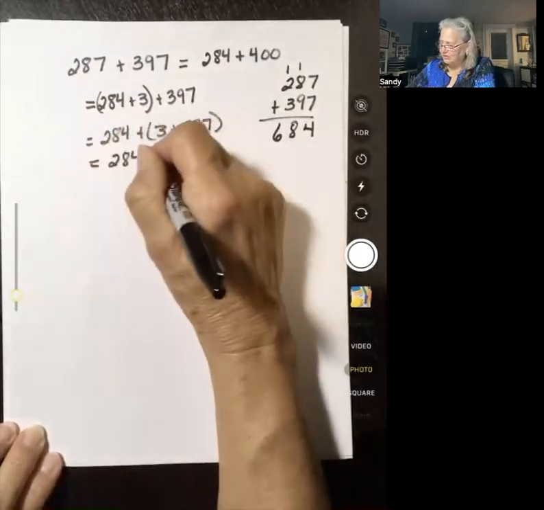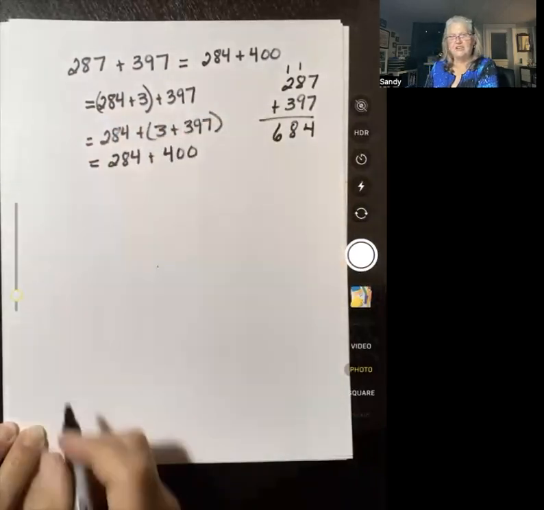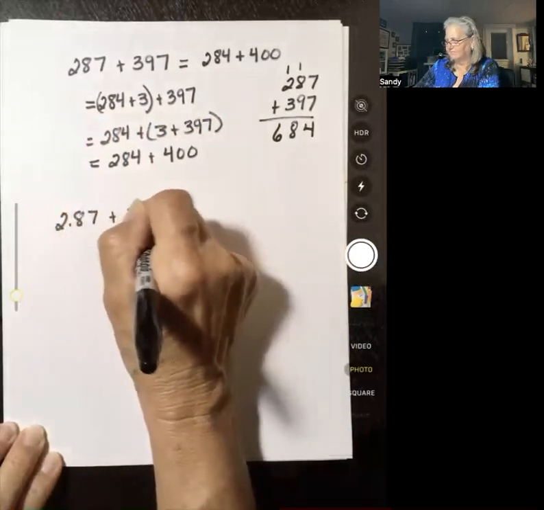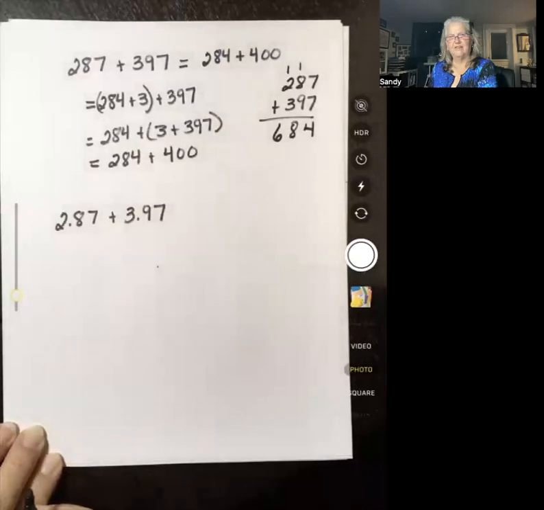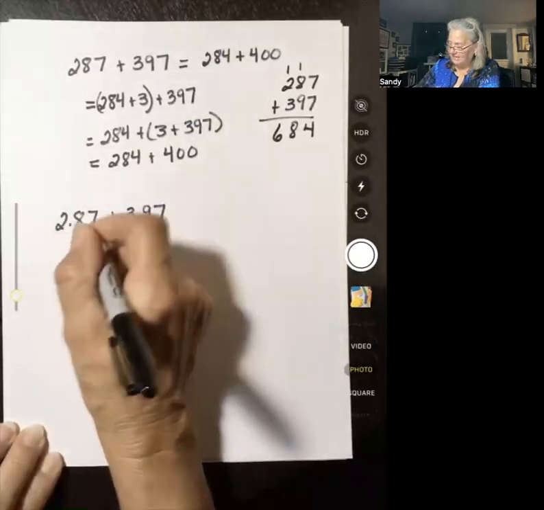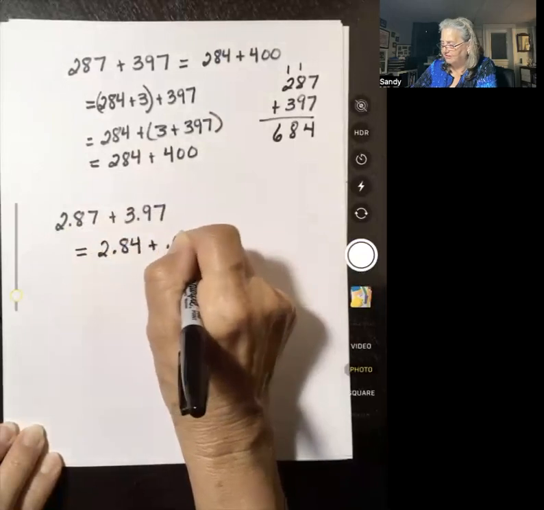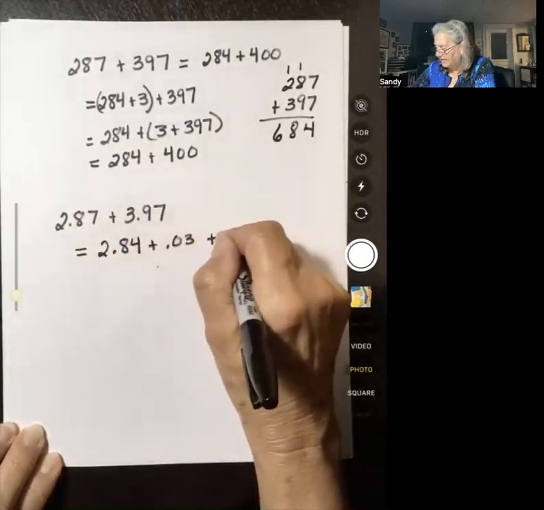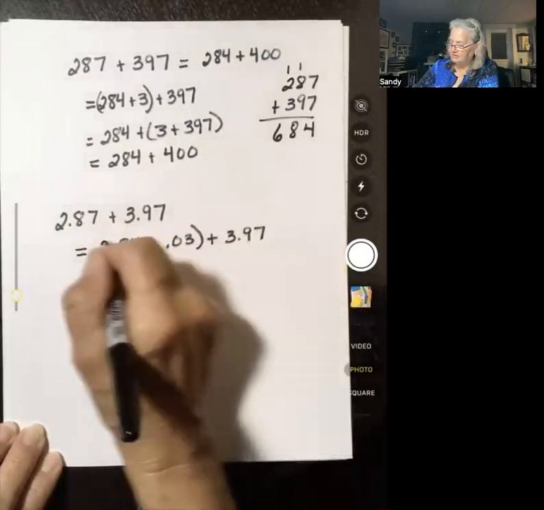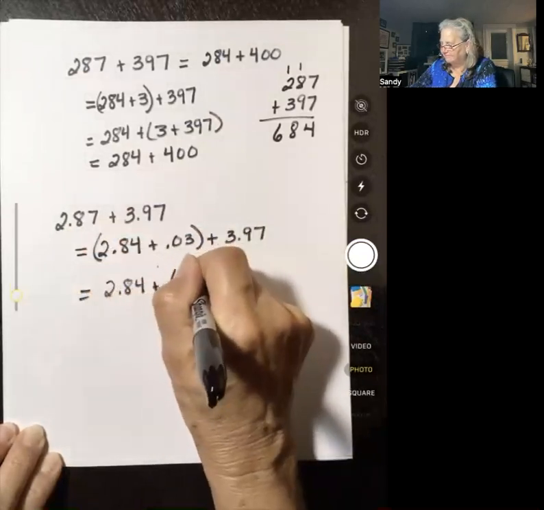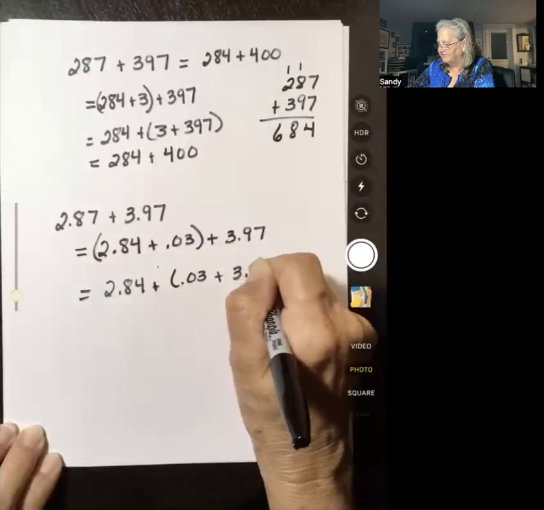So if I can do this with whole numbers, that associative property, I could have written it this way. It's essentially the same problem, right? 2 87/100 plus 3 97/100. Well, I can think of 2 87/100 as 2 84/100 put together with 3/100. Instead of associating the 3/100 with the 2 84/100, I associate the 3/100 with the 3 97/100.